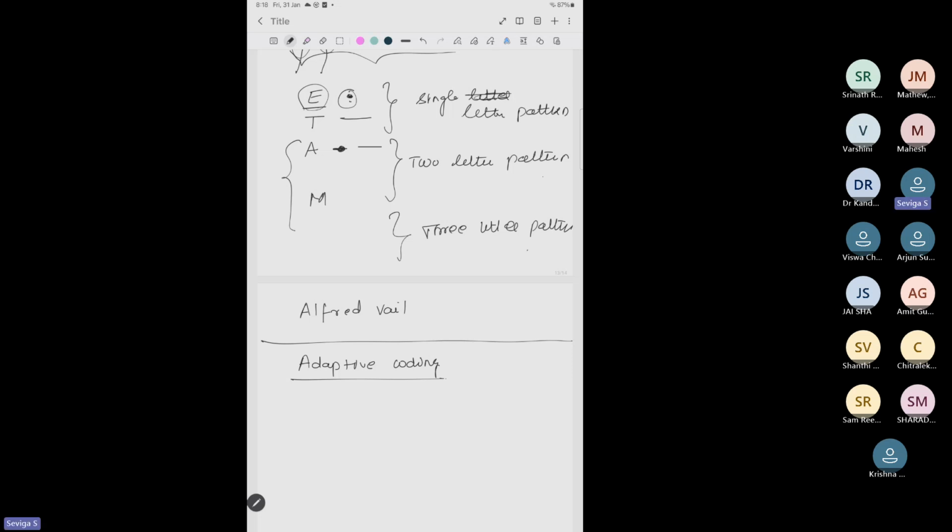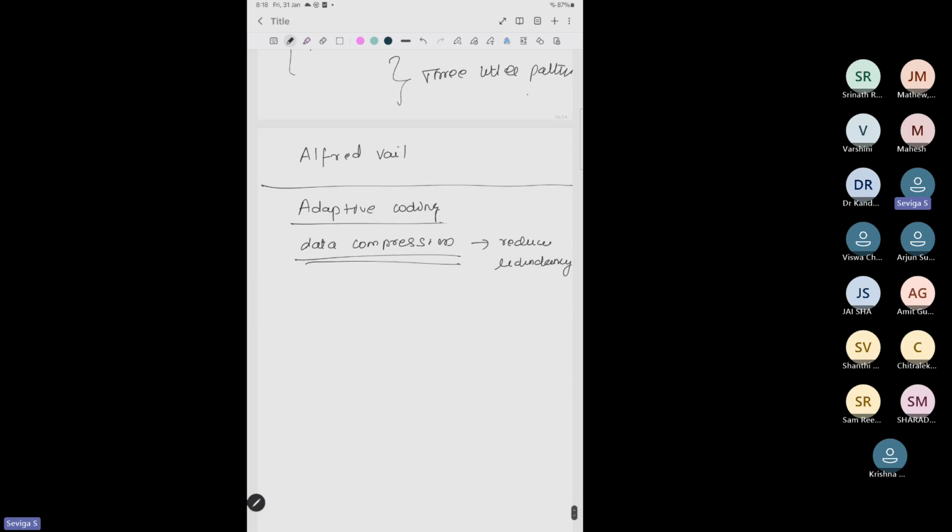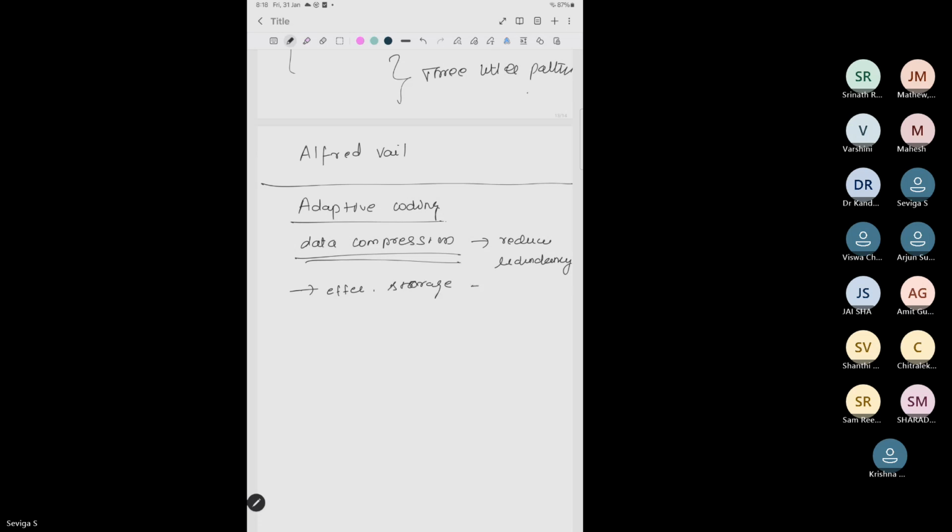It refers to the dynamic method of encoding data, where the coding scheme is adjusted on the fly based on the data being processed. It is commonly used in data compression so that we can reduce redundancy. It is also effective in storage and transmission.